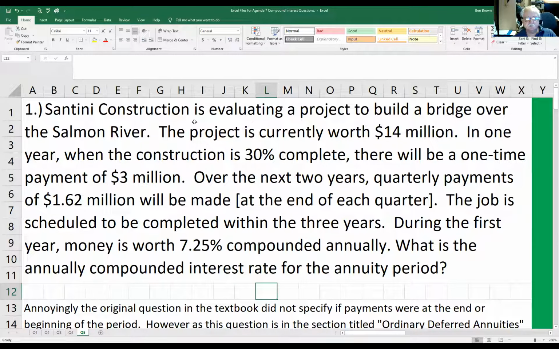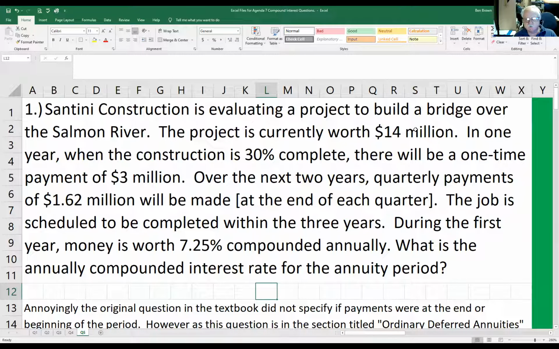Santini Construction is evaluating a project to build a bridge over the Salmon River. The project is currently worth $14 million. In 1 year, when the construction is 30% complete, there will be a one-time payment of $3 million.